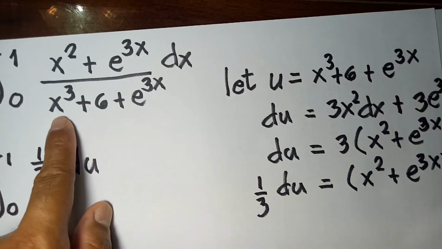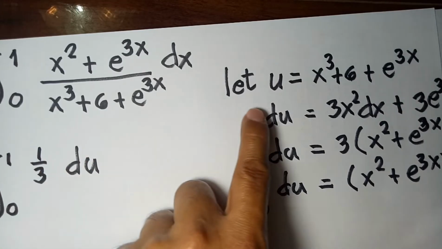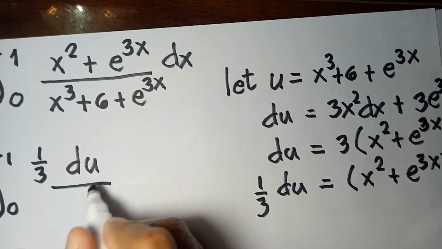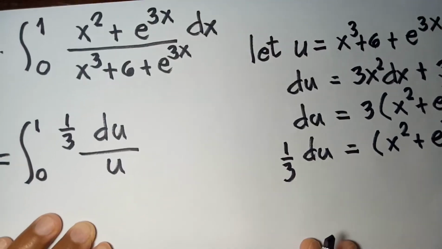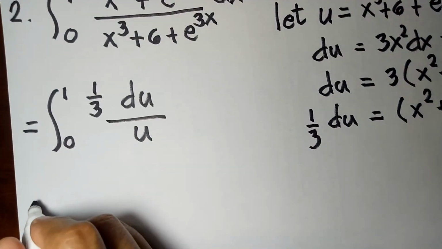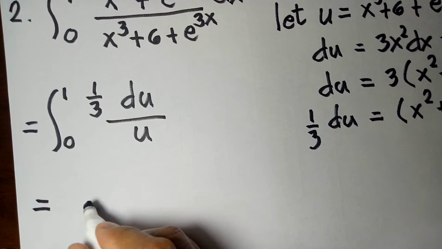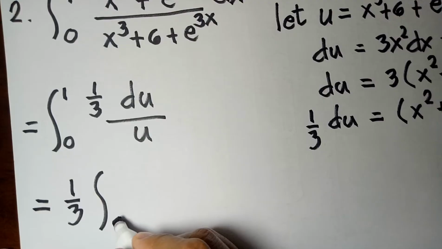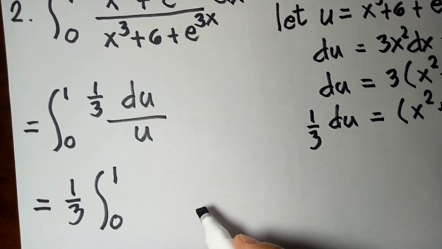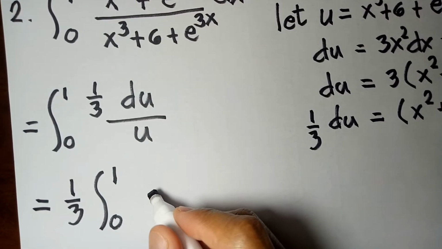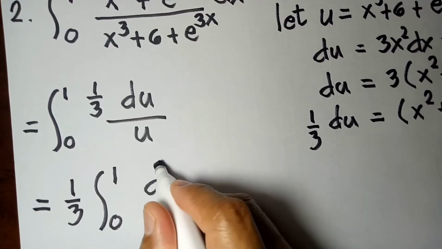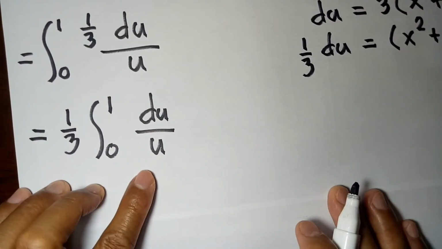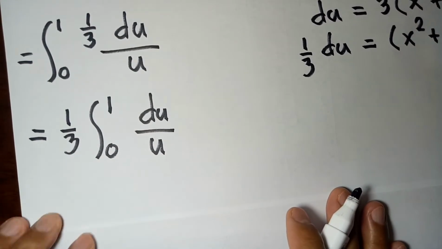So our x cubed plus 6 plus e raised to 3x equals u, so I will have divided by u. And then 1/3 is constant. We may write it before the integral sign. So 1/3 integral from 0 to 1 of du over u. So this is now integrable, and the integral of du over u is ln of u.